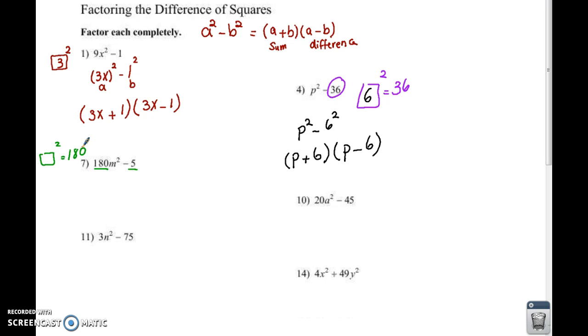None. Okay. What base squared equals 5? Also none. But here's a good relationship between the 180 and the 5. 5 is a factor of 180. 180 is divisible by 5. That means I can factor the 5.